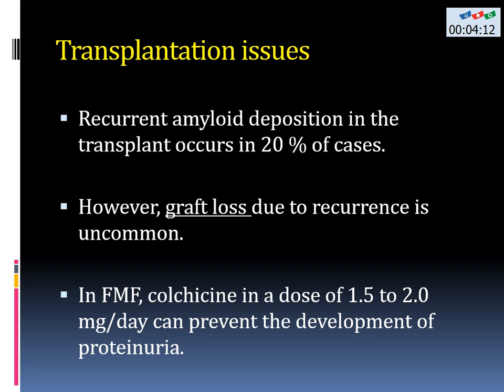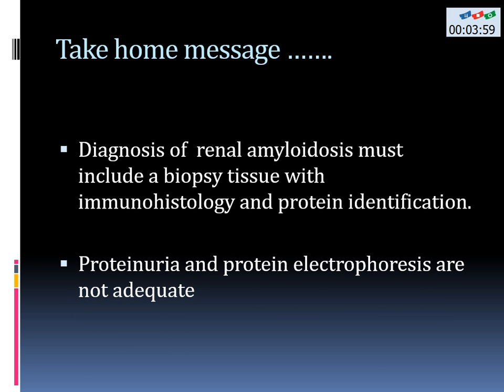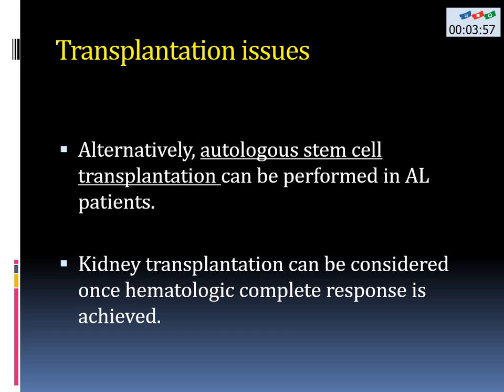In familial Mediterranean fever, colchicine is given in a dose of 1.5 to 2 milligrams per day, and it can prevent the presence or the recurrence of proteinuria in these patients, taken as a marker of recurrence of disease. Autologous stem cell transplantation can be performed in AL patients. Kidney transplantation can be considered once hematologic complete response is achieved.